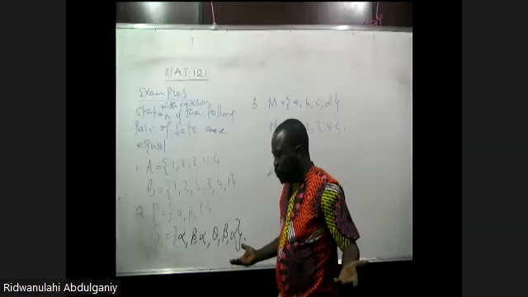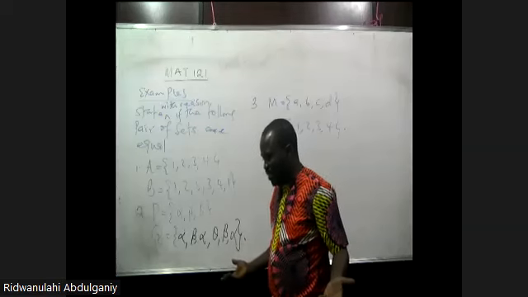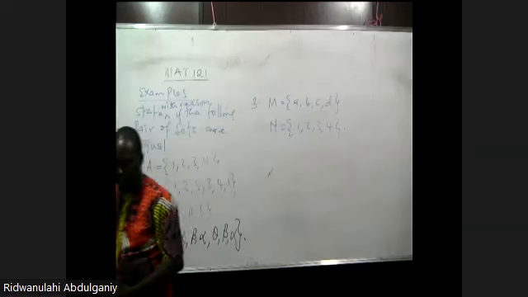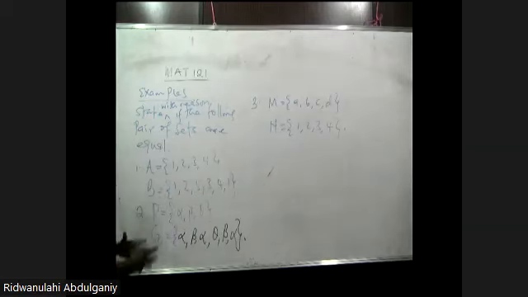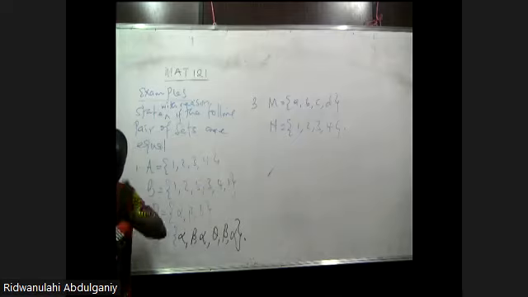Set Q has alpha, beta, alpha repeated, but repetition is not counted in the definition and rule. So P and Q are equal because they are subsets of each other.